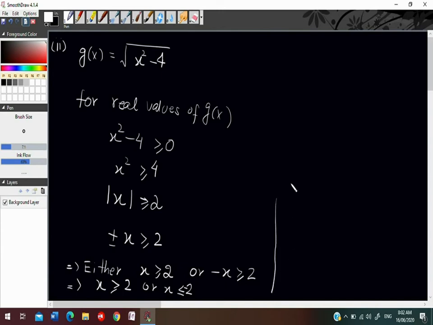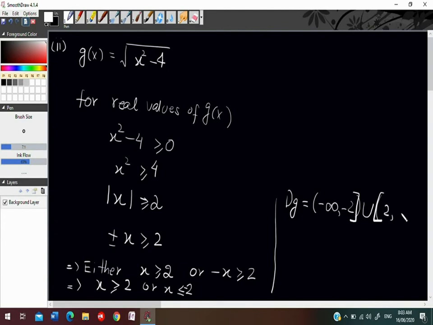Okay, and when we decide the domain of this function g, how can we write it? Minus infinity to minus 2 union, so here we have a closed interval because we are including this point. And again here we have a closed interval for positive 2 to positive infinity.